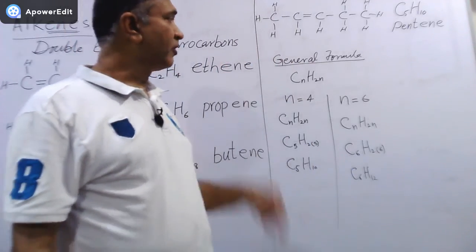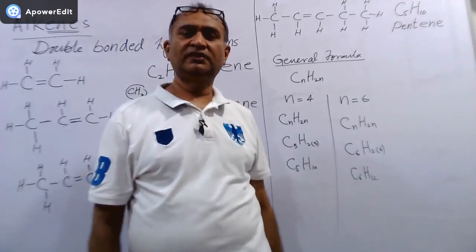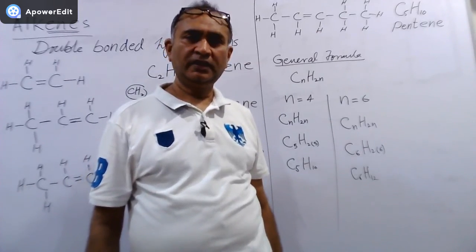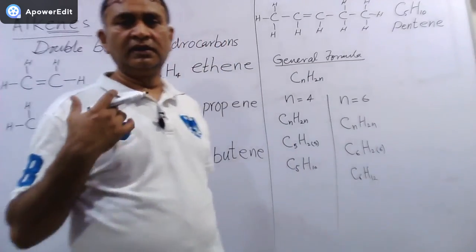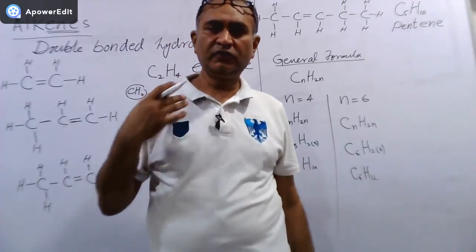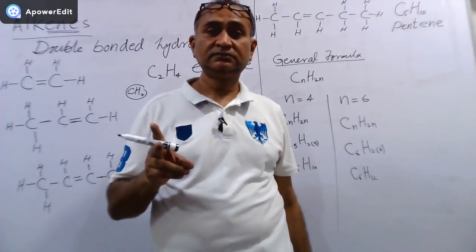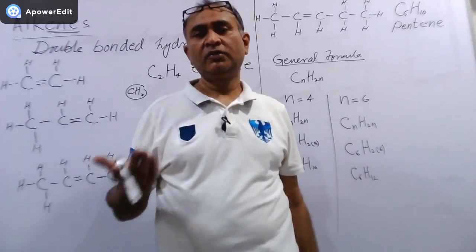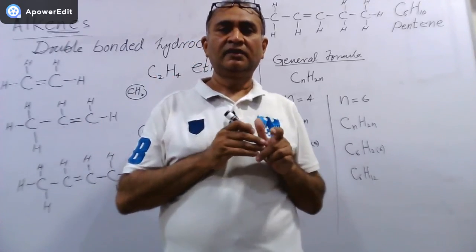So what is the general formula of alkenes? CnH2n. Right? So I am stopping this video over here. Practice it. Then after this, in the next video, what will you see? Alkynes. Have a good day.